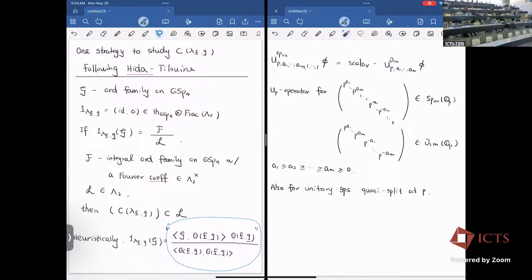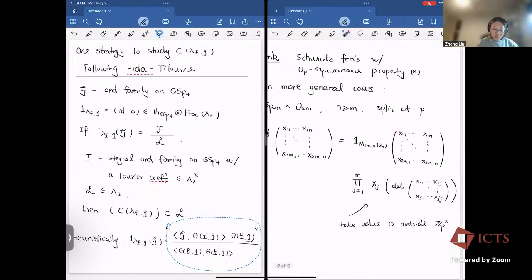So when you say that you define your Yoshida lift family theta(F,G) as a Petersson product on O4, it's actually an interpolation of the Petersson product?